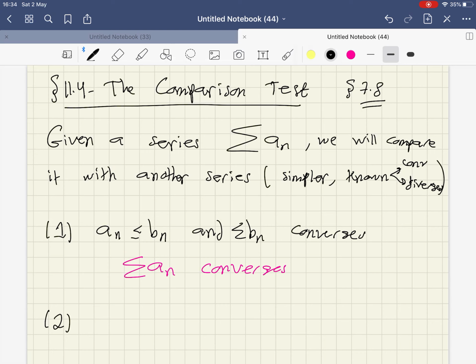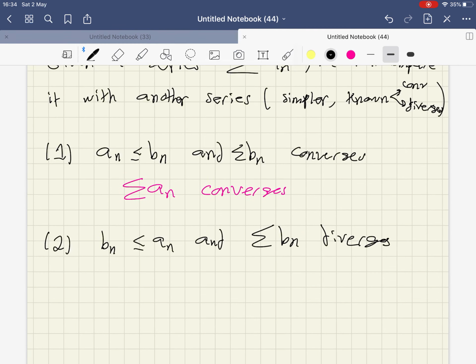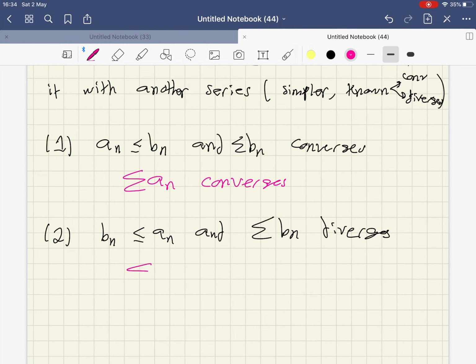Now the opposite way. What happens if b_n is the smaller and we know that b_n diverges? The small one is infinity, so the large one will definitely be infinity. So in the first case it converges, and in the second one it diverges.